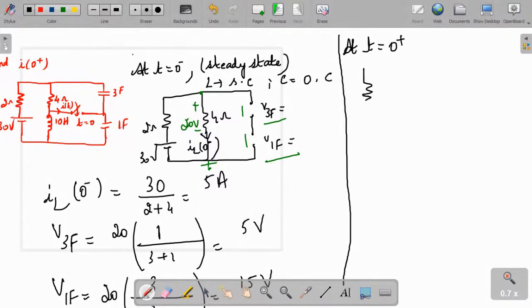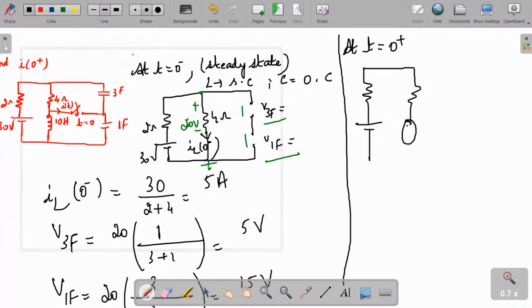So we have a resistor, we have a 30 volt voltage source. So here 4 ohm, right? So at t equal to 0 plus, IL of 0 minus we found, 5 ampere current is flowing.